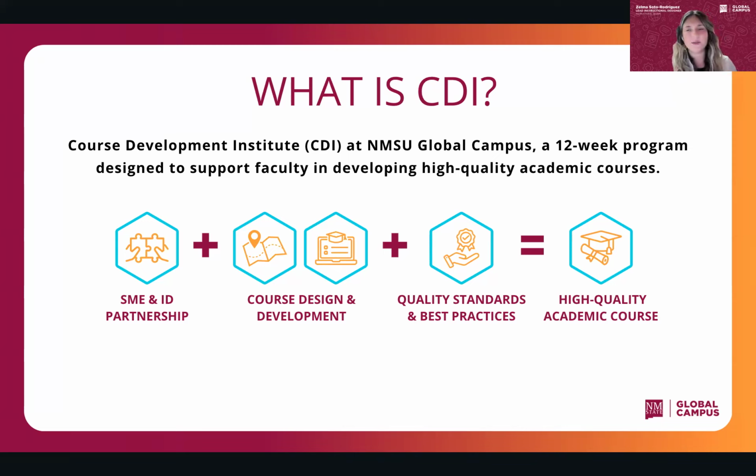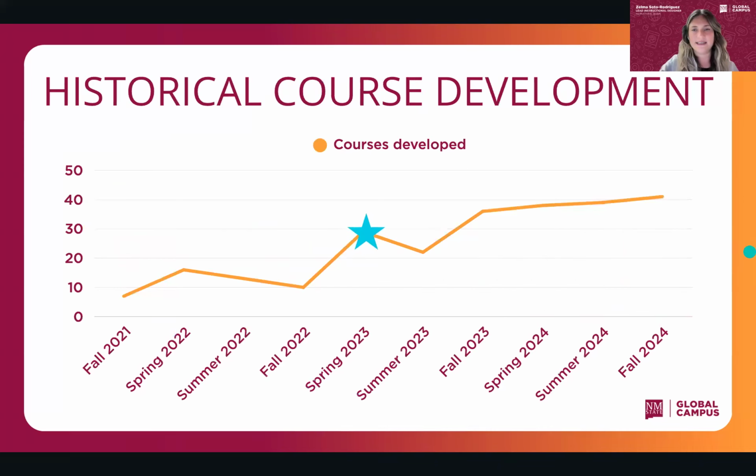And as a result, we have a high-quality academic course. And I specify academic course because in NMSU Global we also do micro-learning courses and other training courses, but this is specifically for credit for our online programs. So that's at a glance what CDI is and how we get there.